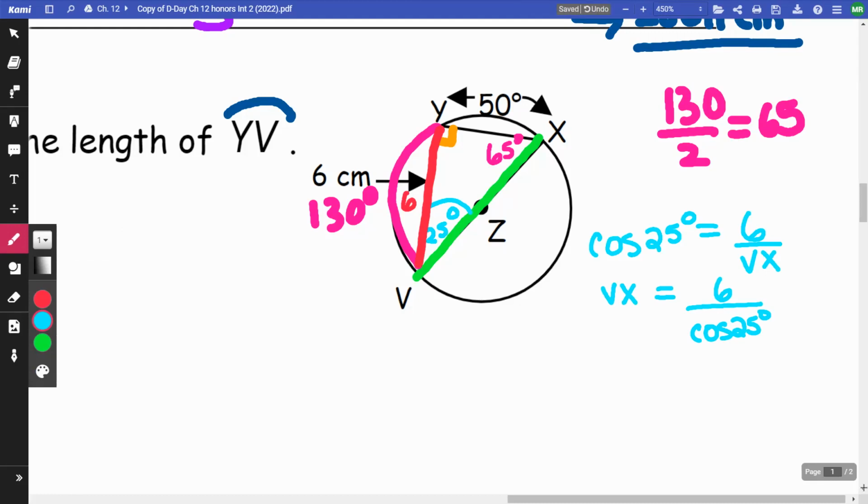And when I take 6 divided by the cosine of 25 degrees, I end up with, let's say, 6.2 for that length. Okay, that is my diameter. Now I need the radius, so the radius is going to be half of that, so that's going to be 3.31. So I'm going to be using that 3.31.